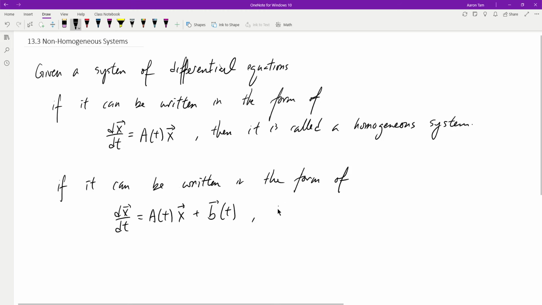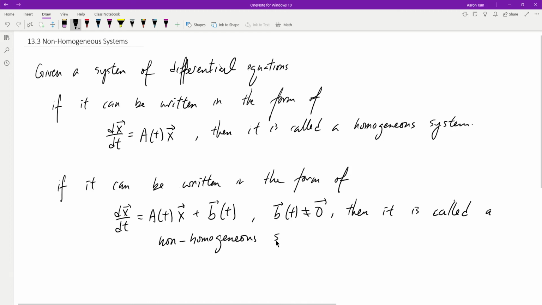Now, of course, here vector b of t cannot equal the zero vector, because if it does, then we will basically have a homogeneous system. Then it is called a non-homogeneous system.